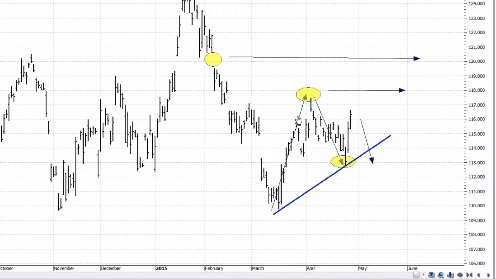So just as the stock moved up and then came back down and bounced from this trend line, we could have a similar pattern with the stock before it reaches our target, comes back down and bounces on this trend line. So we need to have for ourselves a buffer to allow the stock to move in its normal pattern. So for me, I think you could have two stop loss levels.